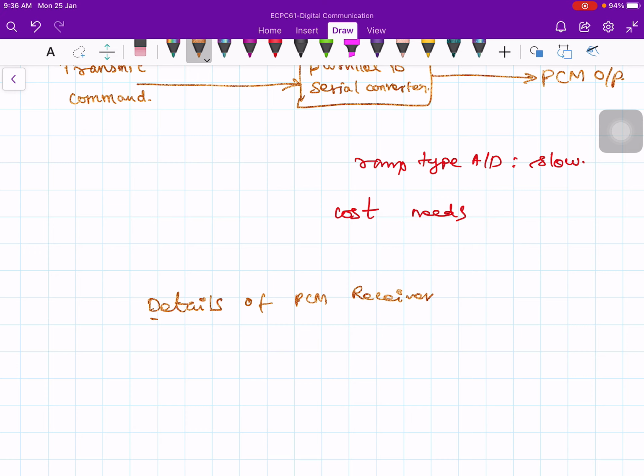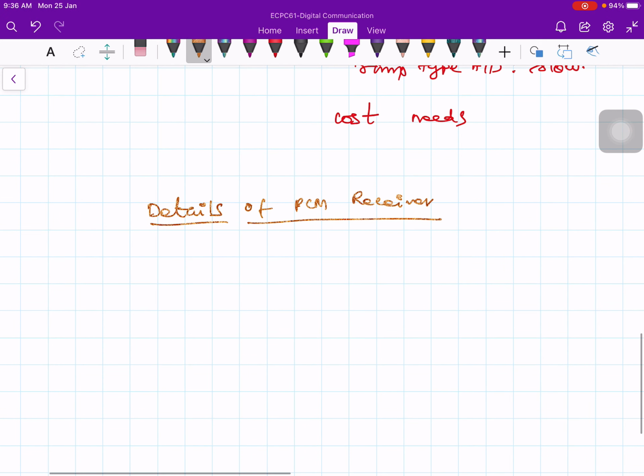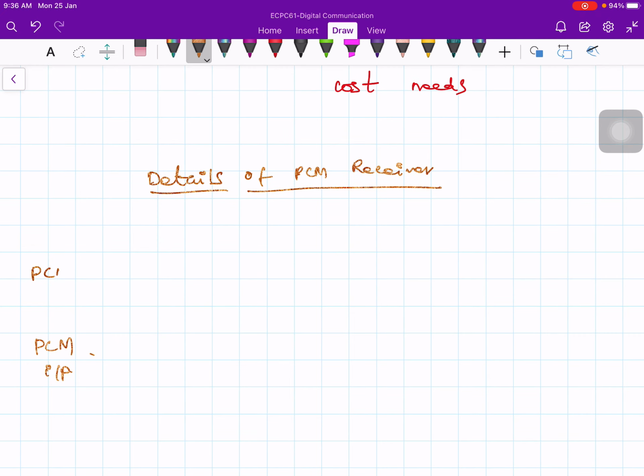This is also pretty simple. So, PCM input, and this PCM input is given to the matched filter.